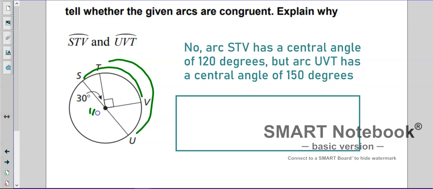We have 30, we have 180, we have 90, and 90 plus 30 is 120, which makes this 60. So STV is 90 plus 30. UVT is 90 plus 60, 150.